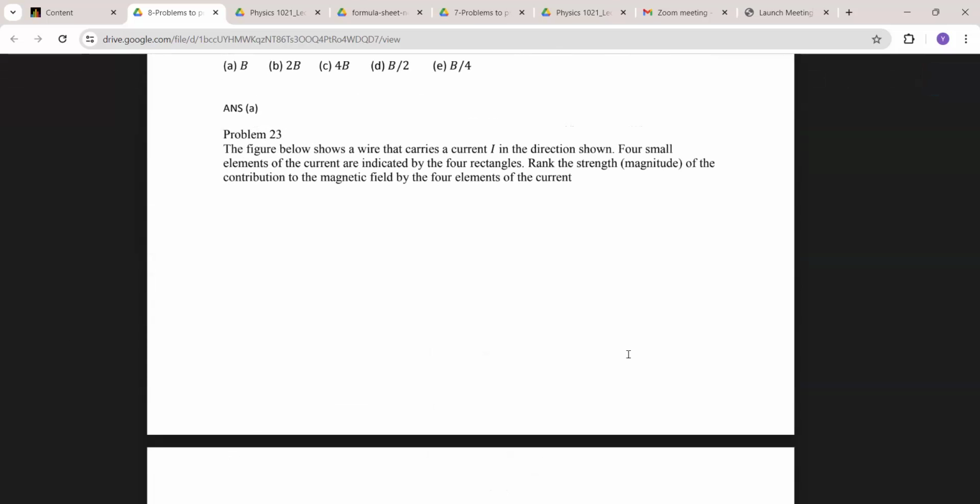Doctor, what about this question here? The figure below shows a wire carrying current I in the direction shown. 4 small elements of current are indicated by 4 rectangles. Rank the magnitude of the contribution to the magnetic field by the 4 elements of the current.